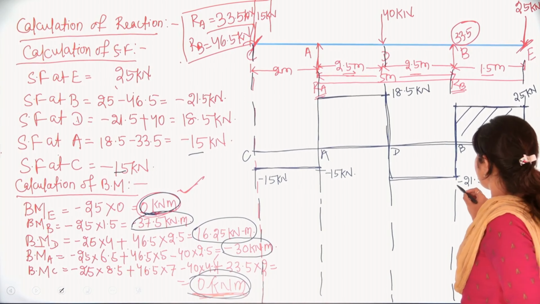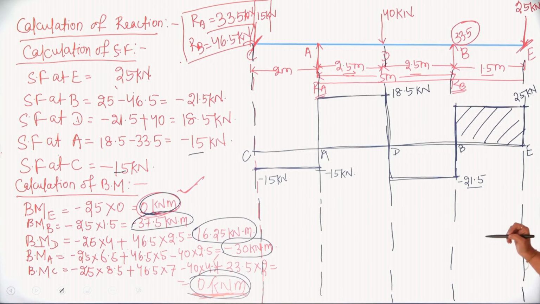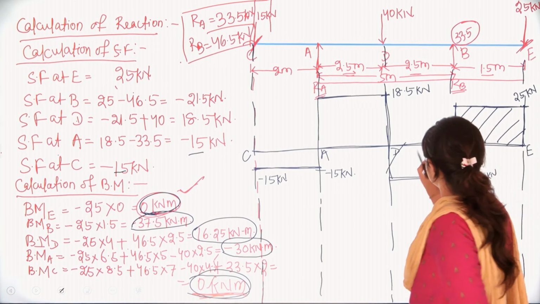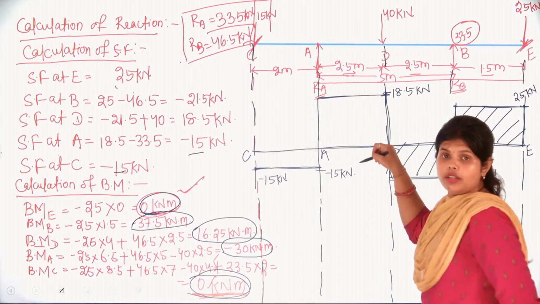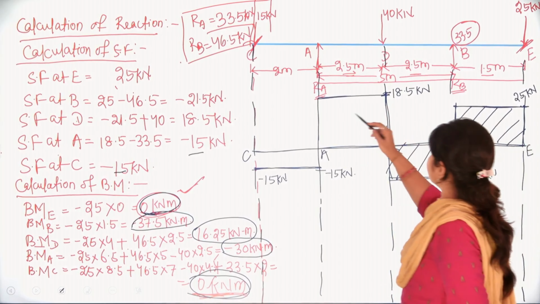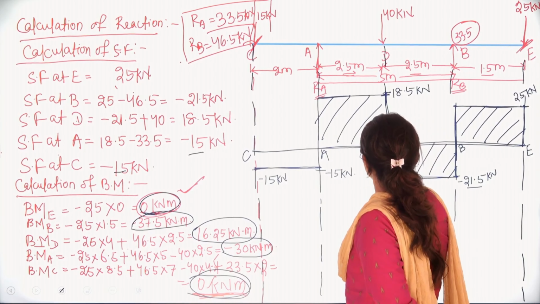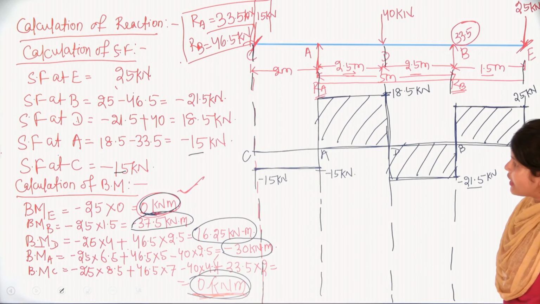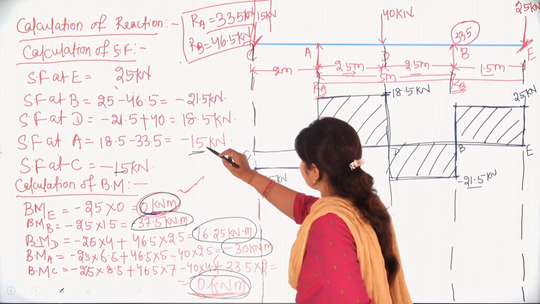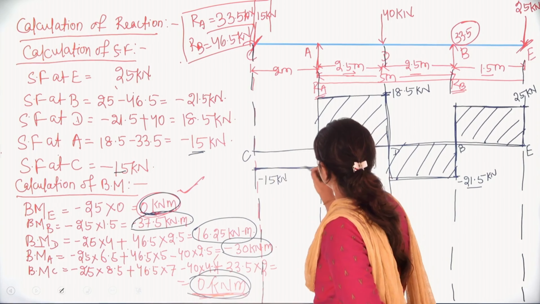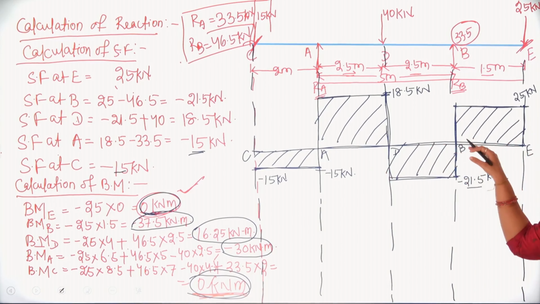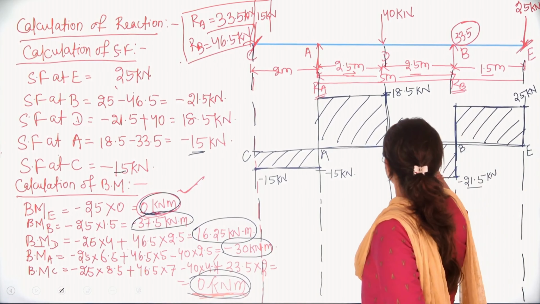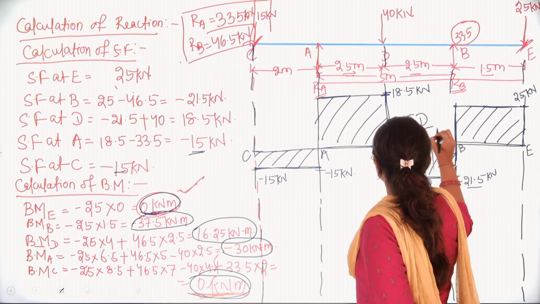Next, from point B, we have minus 21.5 kilonewton. Also this part. At point D, the value is 18.5. Second, shear force at A you have minus 15 and at C you have minus 15. So this whole is your shear force diagram, that is SFD.